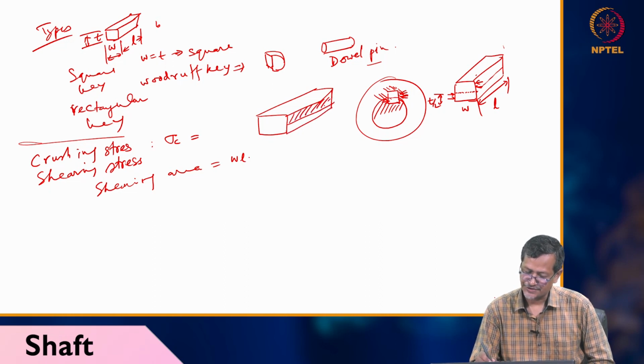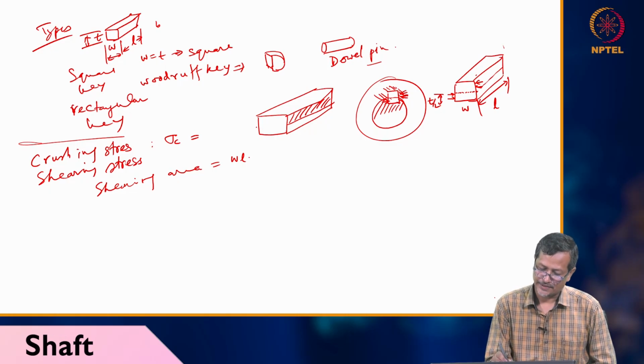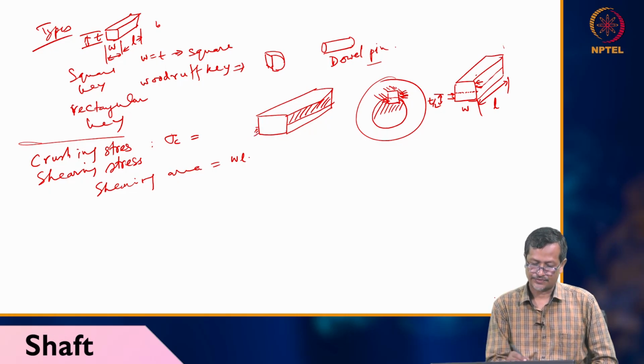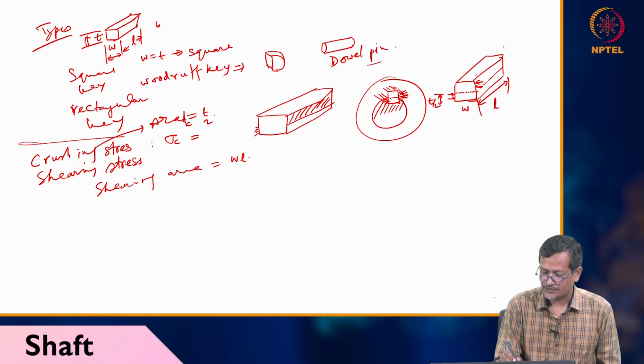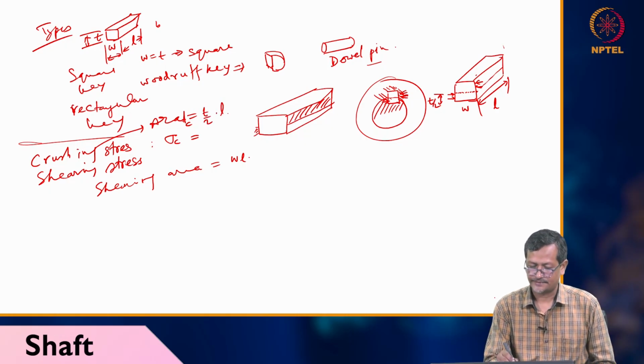This is your crushing area. So the crushing area AC will be T by 2 into length.